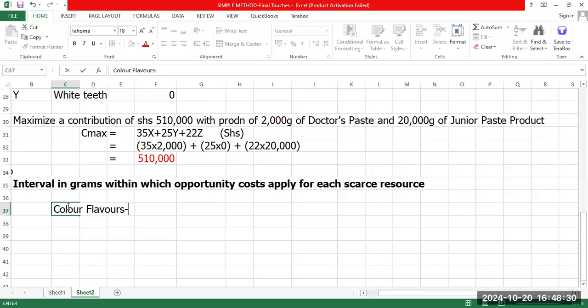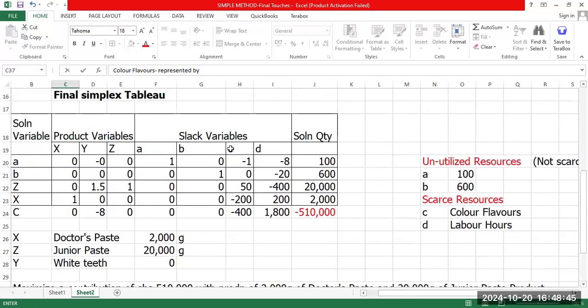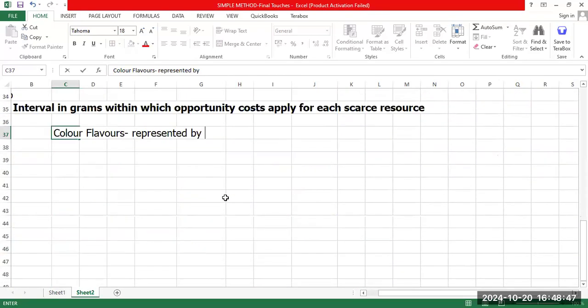Then you ask yourself, color flavors are represented by which slack variable? C, in the final tableau.